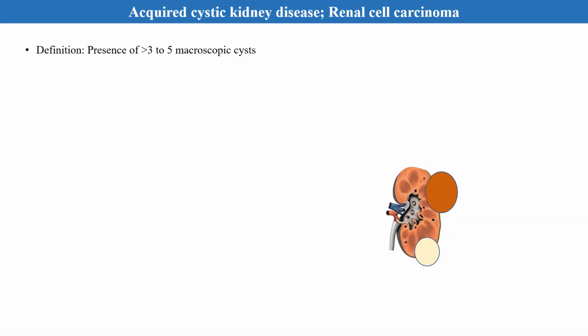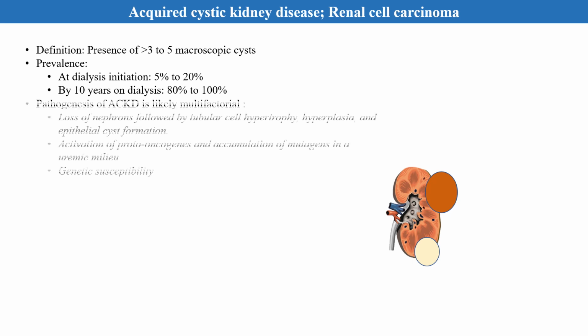Acquired cystic kidney disease, or ACKD, is defined as having greater than 3 to 5 macroscopic cysts in individuals without a hereditary cause of cystic disease. ACKD may occur prior to dialysis, but the prevalence of ACKD increases with advanced CKD and prolonged exposure to uremia.